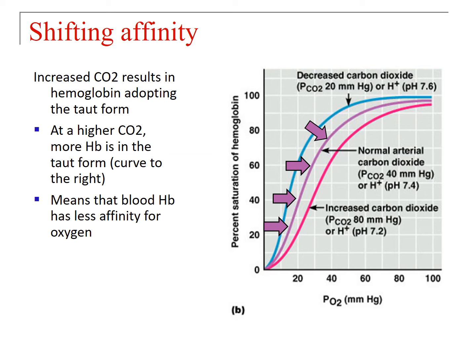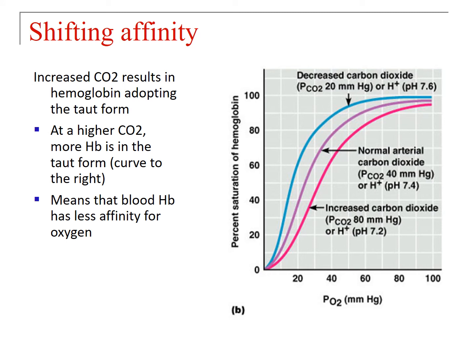So we increase the CO2, we decrease the pH, and our hemoglobin starts to change. If you'll recall, I said that this taut form has less of an affinity for oxygen. It does not pick up oxygen as easily. Let's examine the difference here.